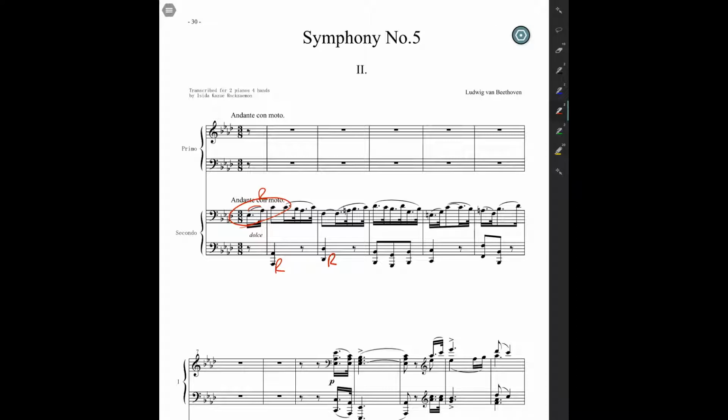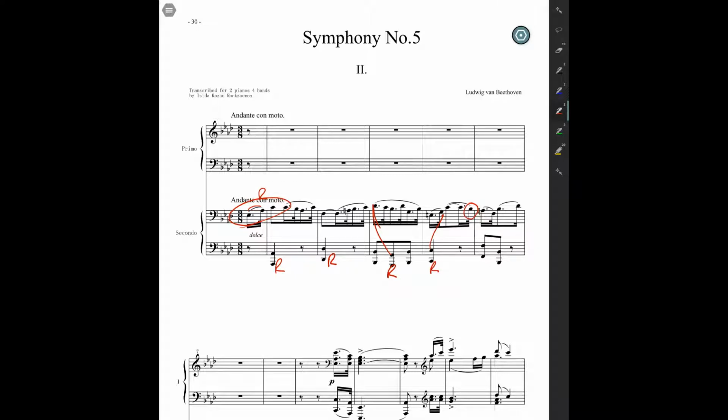Okay. In the next measure, we have this fifth here between the G and the D flat, so that's going to be our root. Next measure, again, we have a fifth between C and G, so that's our root down there. And we can treat this B flat here as a kind of passing tone if we want.